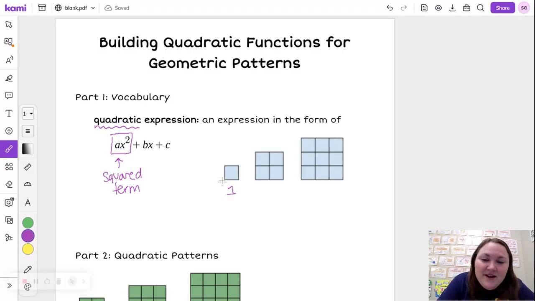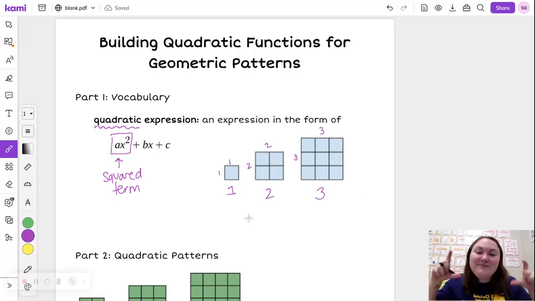Maybe for step 1, you see a square that's 1 by 1. Step 2, you see a square that's 2 by 2, and then for step 3 you see a square that's 3 by 3. We talked about these quadratics and patterns looking like a square that's getting bigger and bigger with each step number.